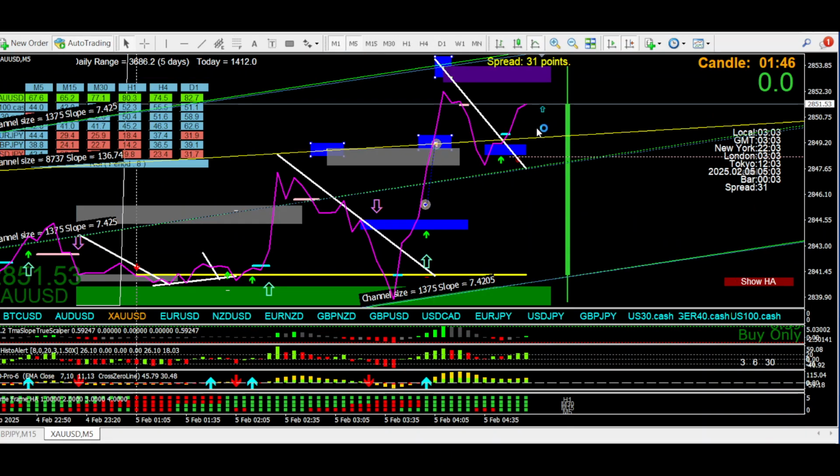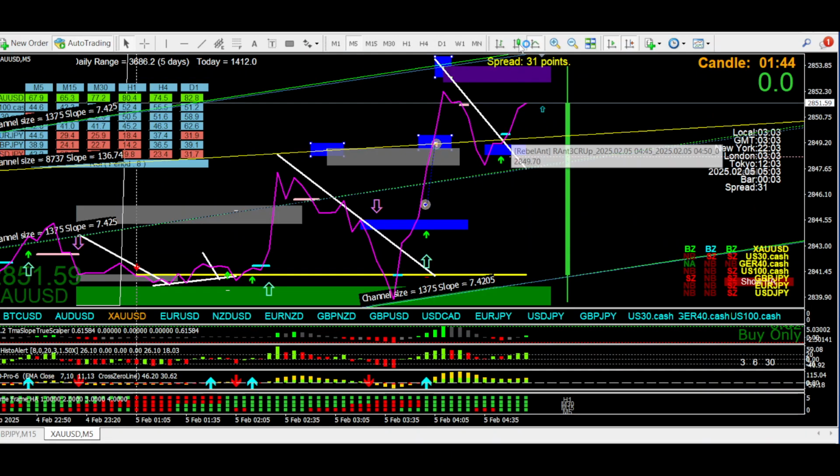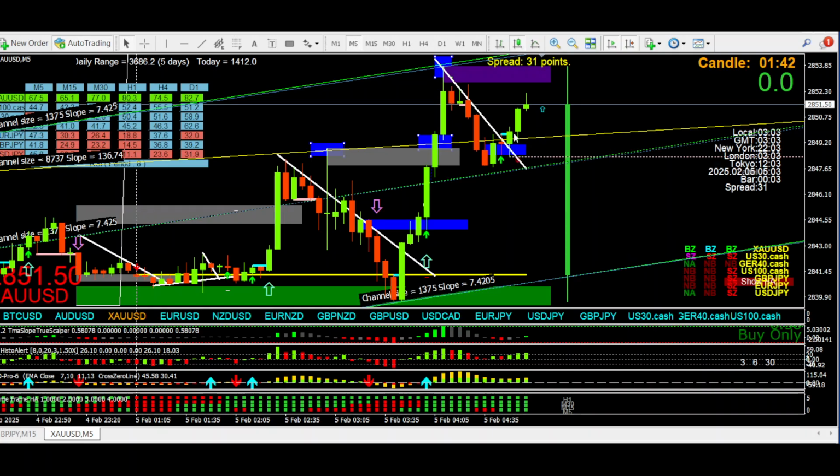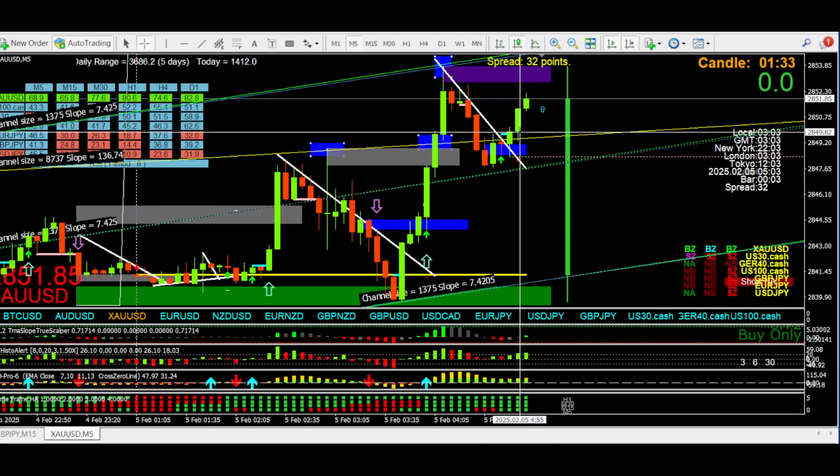As I say, so we've got a 3CR up there, little bit of a pullback, test this area here, and then continuation. No idea how many pips this move is, but so far 23 pips. I'm happy with 5, 10, 20 pips, whatever.